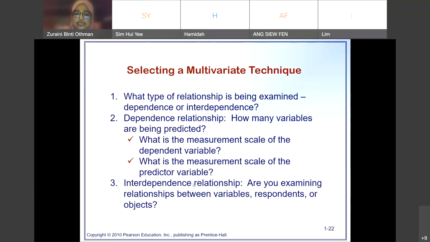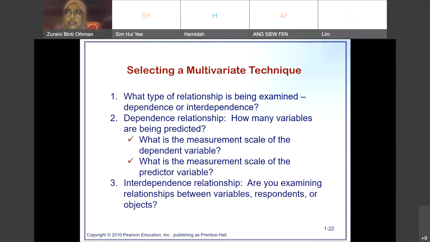And then for an interdependent relationship, it is about the relationship between respondents or objects. Okay, after this, in the next chapter, we will learn about analysis of variance.